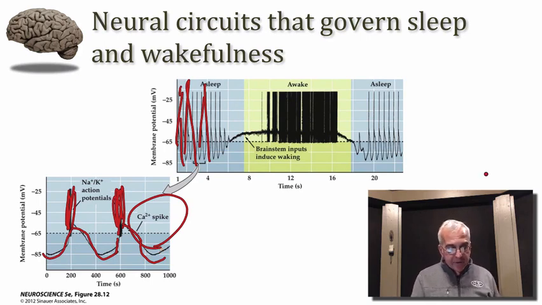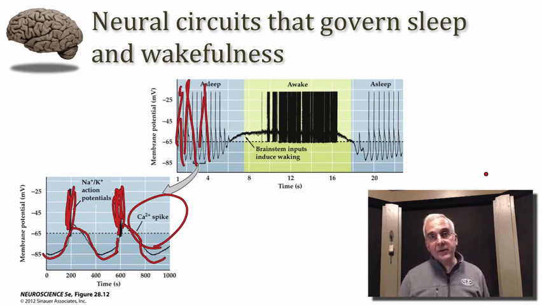Now this hyperpolarized state is induced by a withdrawal of these brainstem inputs that are otherwise promoting depolarization. So a withdrawal of cholinergic and adrenergic input to these thalamic neurons causes them to slip into this hyperpolarized state where this burst generating mode begins to take hold of the membrane potential of these cells.